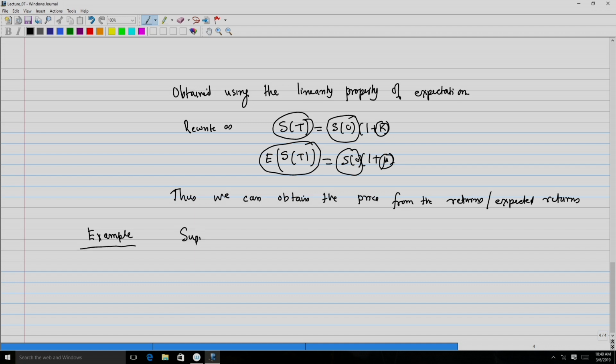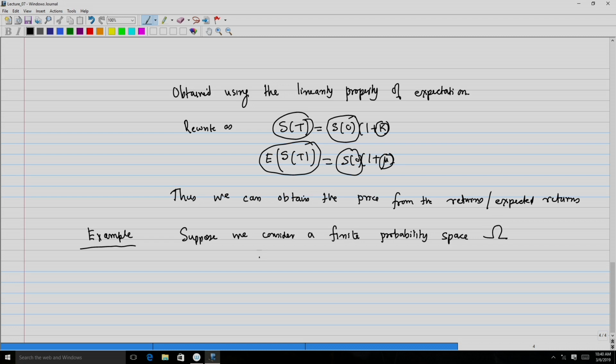So, suppose we consider a finite probability space.